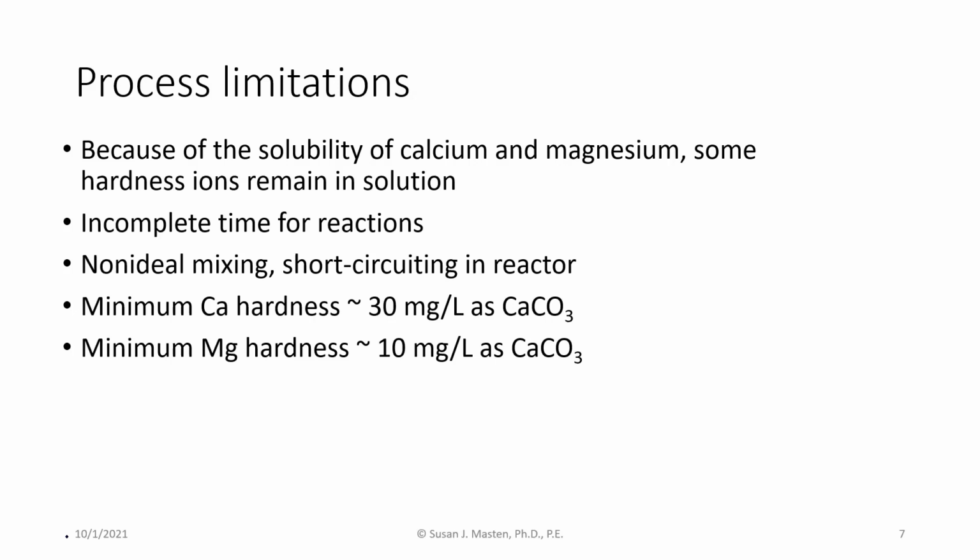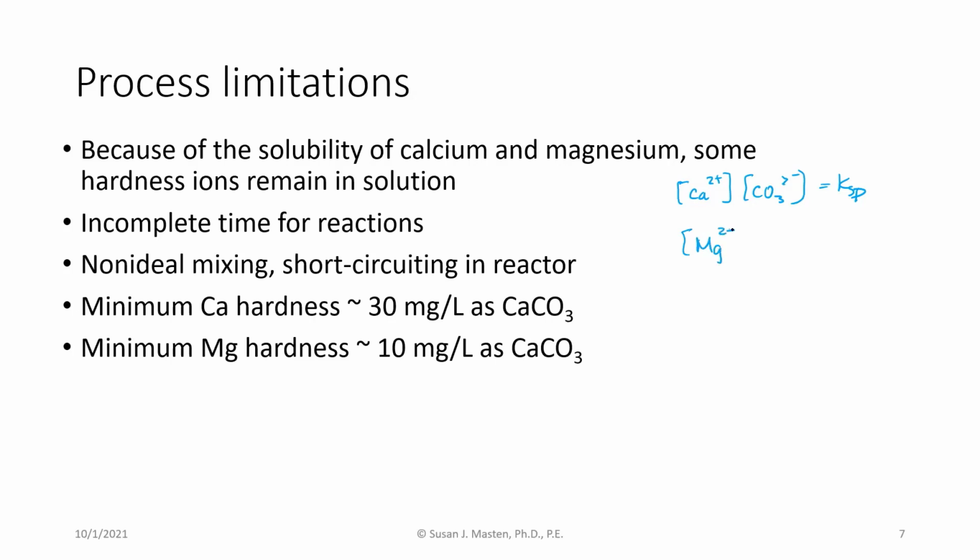And those include, one, the solubility. So we're precipitating out calcium as calcium carbonate. And we can write an equilibrium expression for that. There will be some calcium remaining at equilibrium.